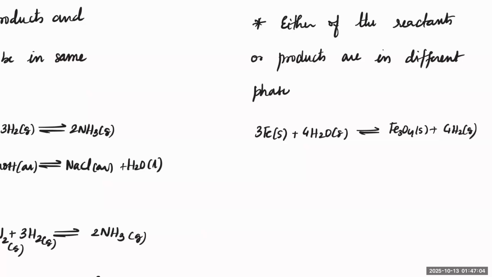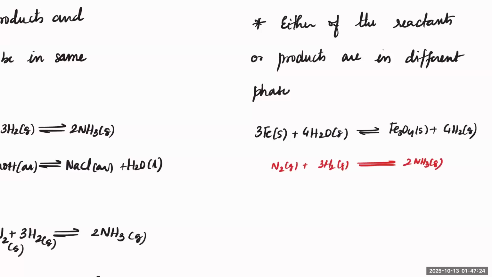Now in heterogeneous equilibrium, we can add one more thing. N2, which is in gaseous form, reacts with 3H2 gas to give 2 moles of ammonia gas.